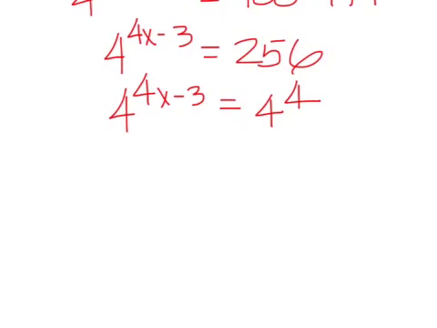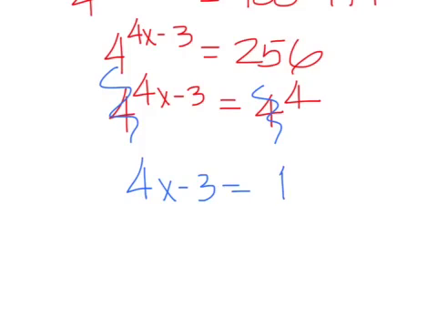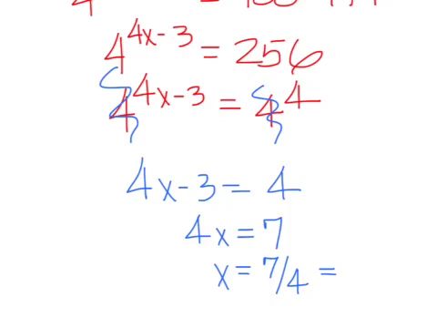By doing that, since we have the same base, you can cancel those out and have 4x minus 3 equals 4. Move the 3 to the right and add it, and then divide 7 by 4. Remember, your answers have to be decimals, and that comes out to be 1.75.